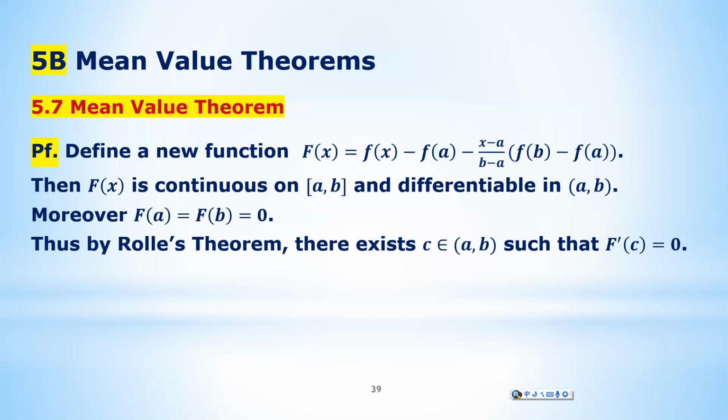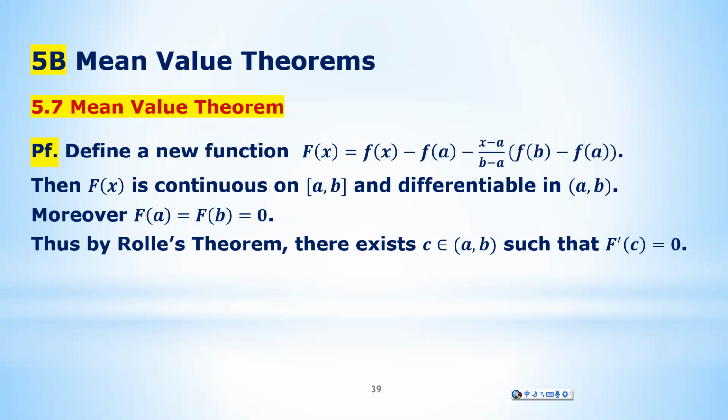Therefore, by Rolle's theorem, there must be a c as an interior point such that the capital F prime of c equals 0. So the capital F, its derivative at c, is equal to 0.